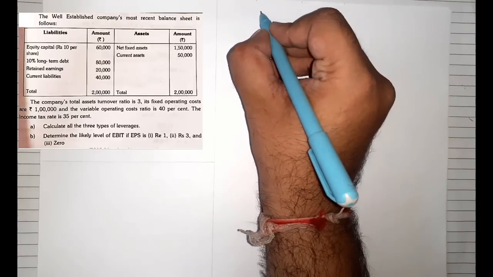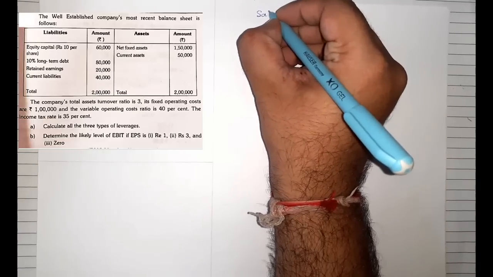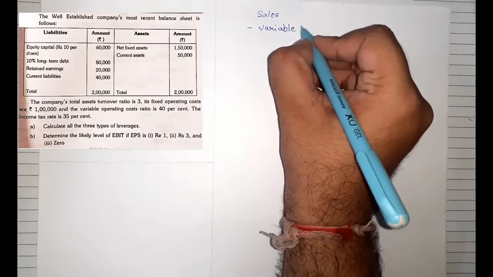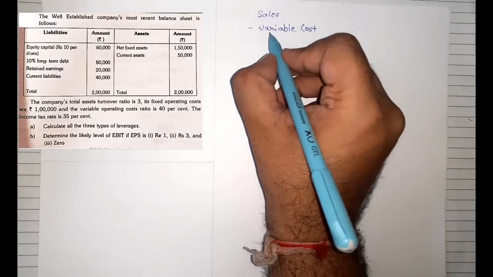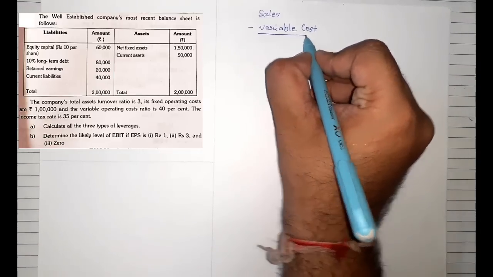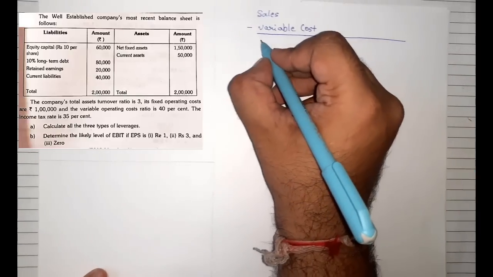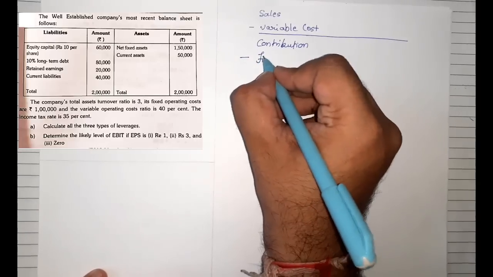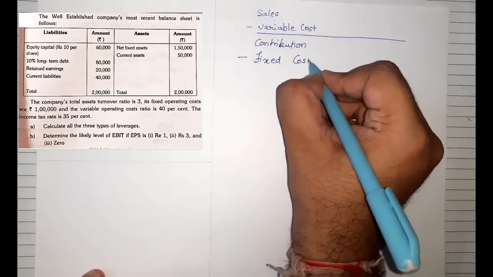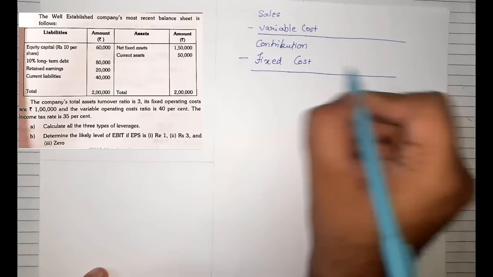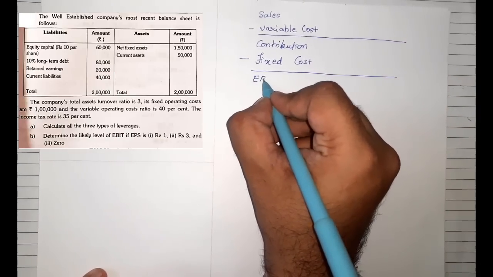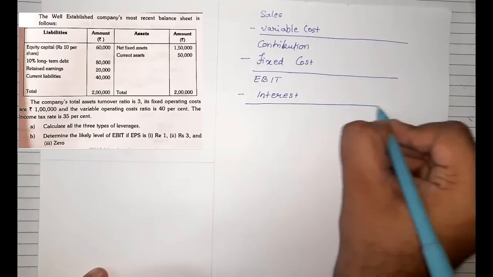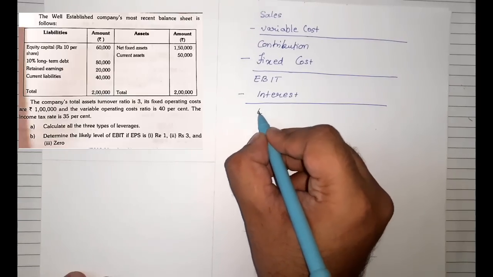I'll note down: sales, less variable cost, which will give us contribution, less fixed cost, which will give you EBIT, that is earning before interest and tax, less interest, which will give you earning before tax.